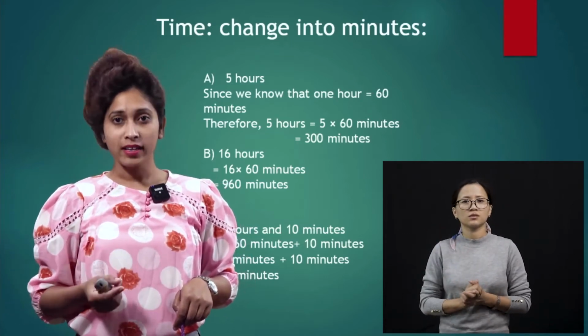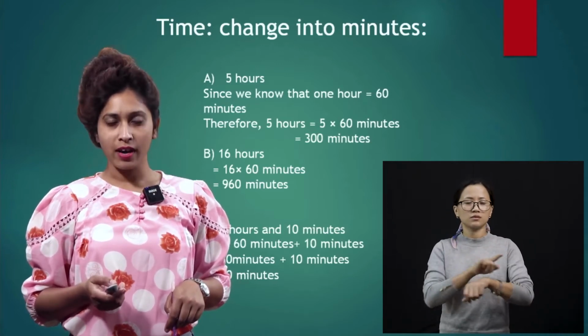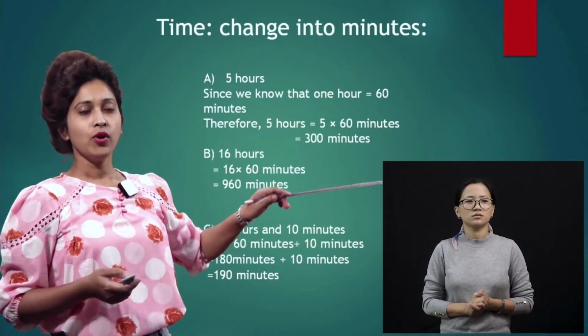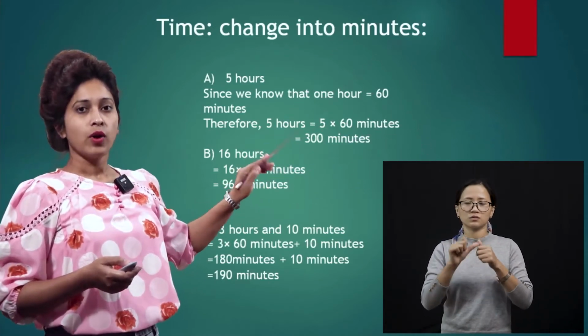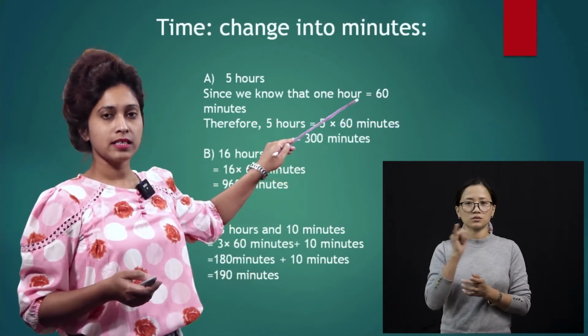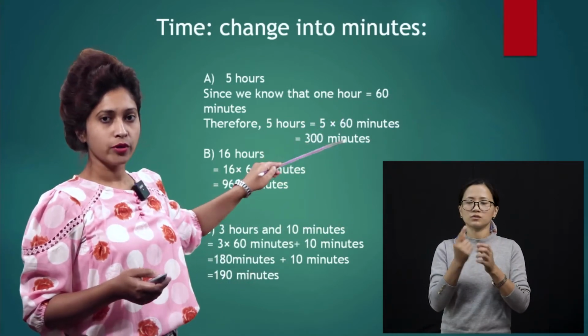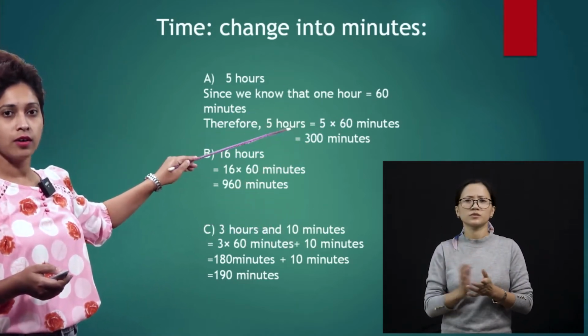And in one day, how many hours do we have? We have 24 hours. Am I right? Now we are just going to follow the formula that 1 hour is equal to 60 minutes. By using that value of 60, we are going to solve the problems here and do the revision, alright?